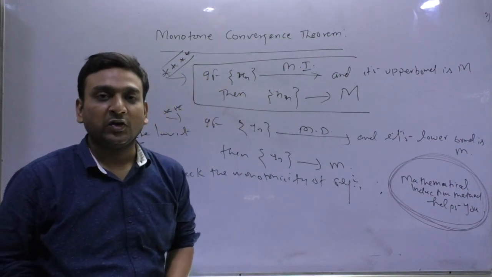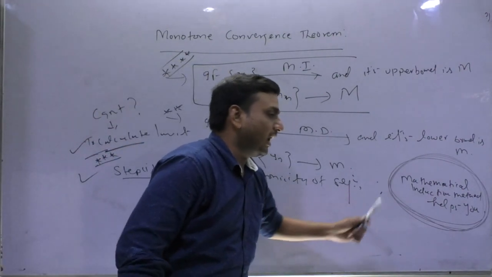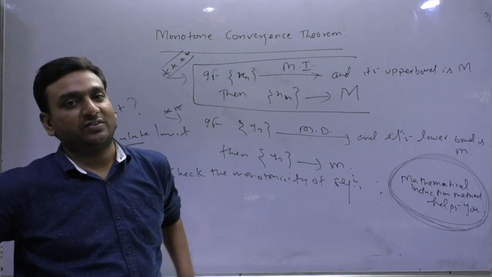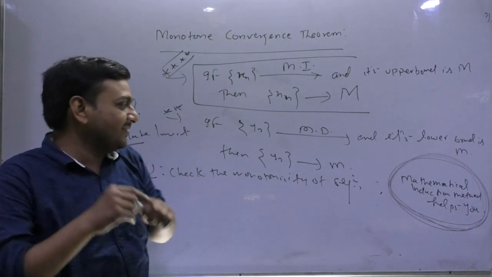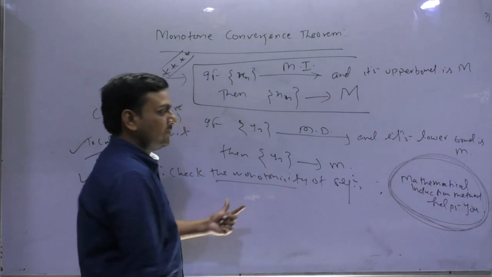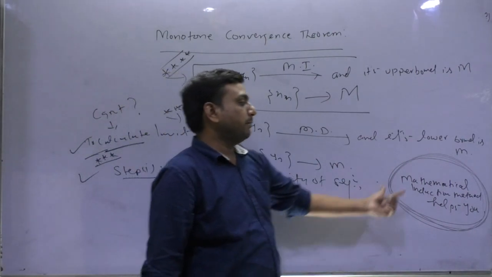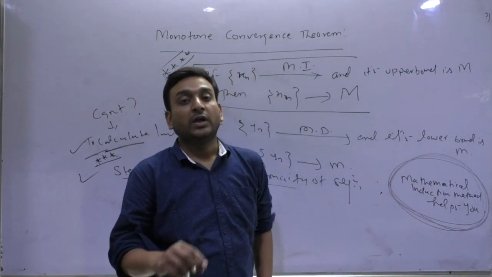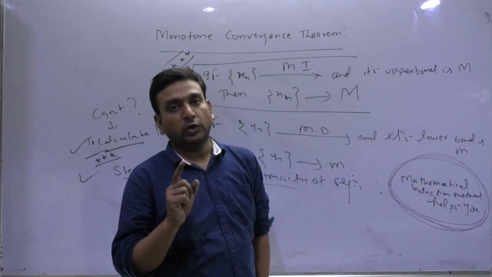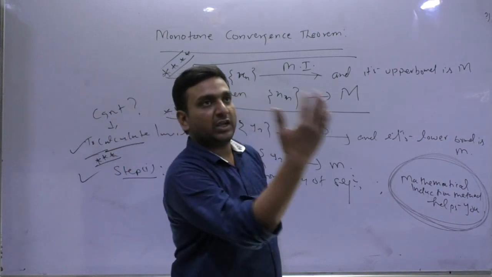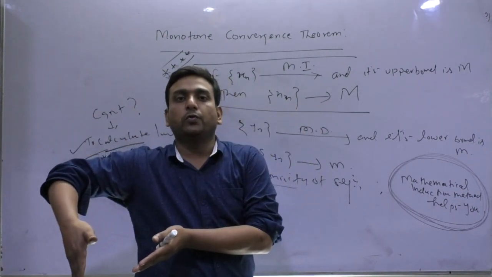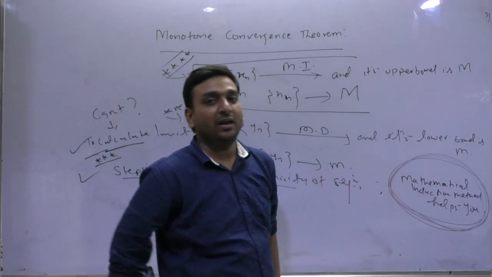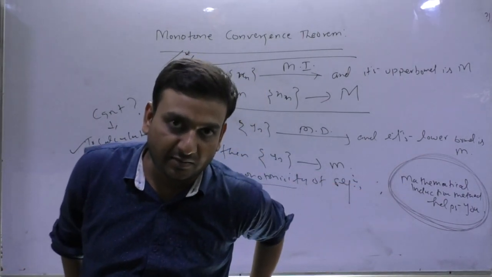So why have I written this here? Because I know you people will face difficulty, checking monotonicity is a tedious process. If I want to check the monotonicity, I will need the mathematical induction method. Means if I am able to show it is true for n equals 1, 2, 3 and that it's true for k, then I need to show it is also true for k plus 1. Getting? So that is the mathematical induction method.